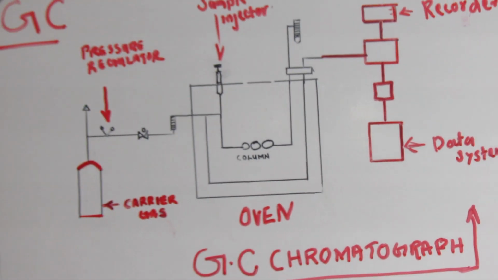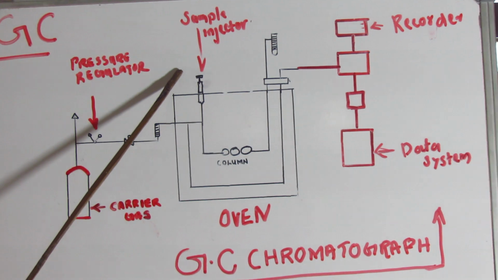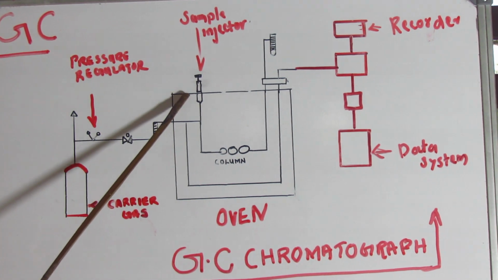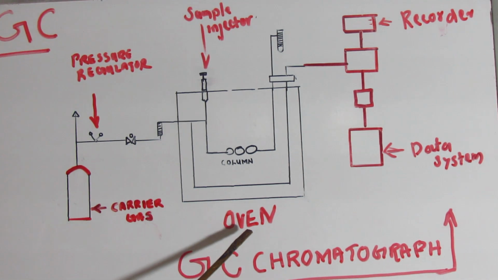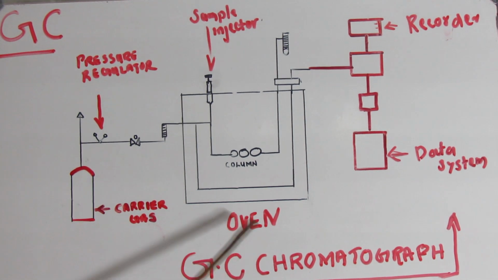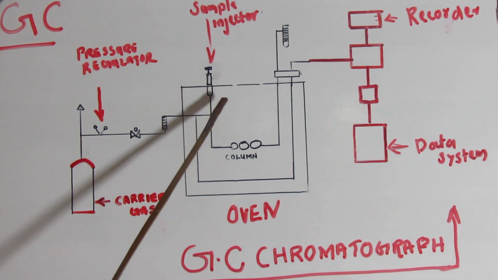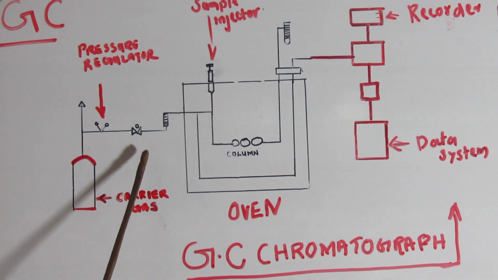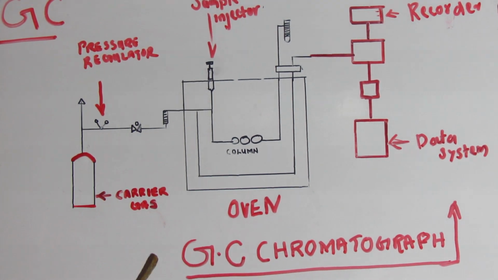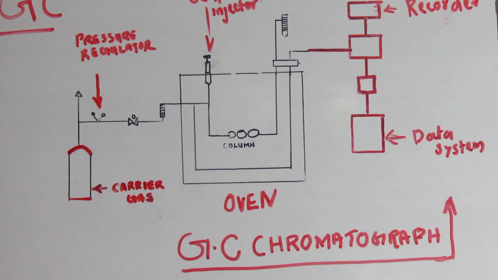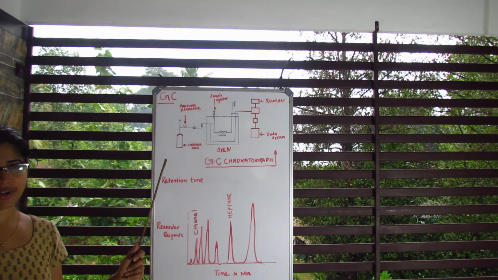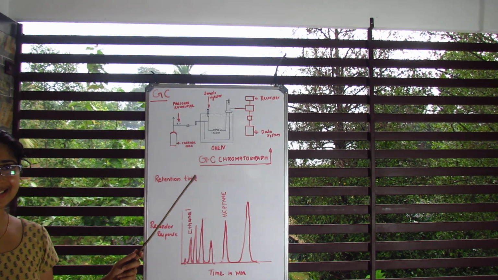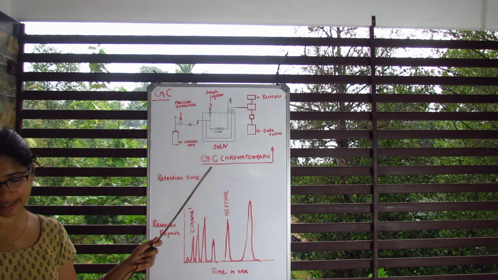The sample mixture is injected into the injection port where it gets vaporized because it is heated into the chromatographic column. At the same time, it is carried through the system by the carrier gas. During this process, the different components of the mixture get distributed between the two phases because the principle is either adsorption or partition.